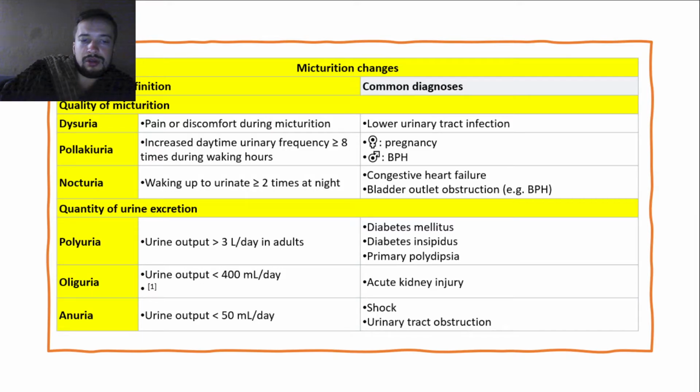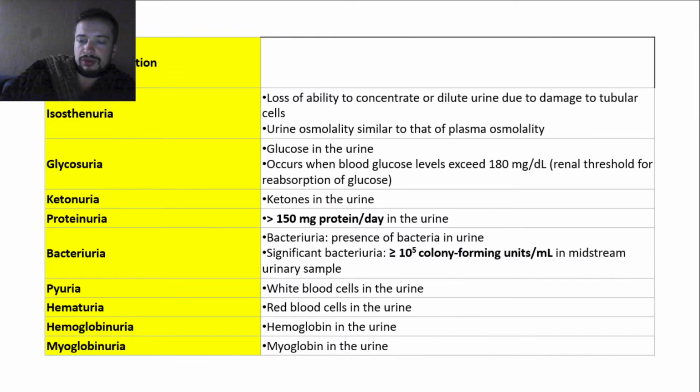And anuria, urine output less than 50 milliliters per day. It's shock, urinary tract obstruction. Isosthenuria, loss of ability to concentrate or dilute urine due to damage to tubular cells. Urine osmolality similar to that of plasma osmolality.